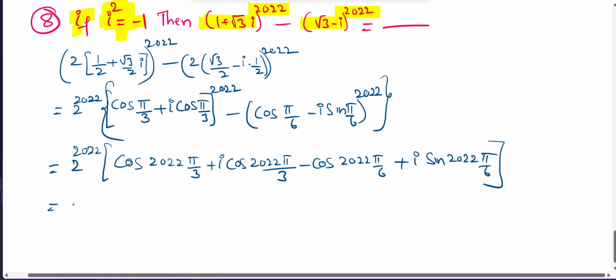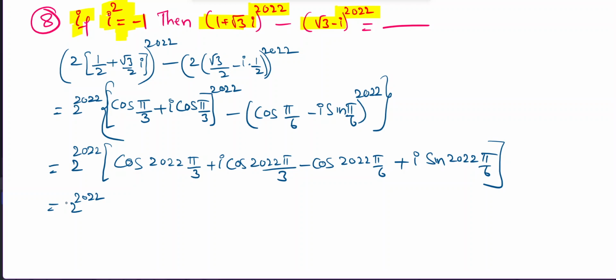That is equal to 2 power 2022, this is 2022 pi by 3. The 3 cancels: 6 3s are 18, 7 3s are 21, 4 3s are 12.